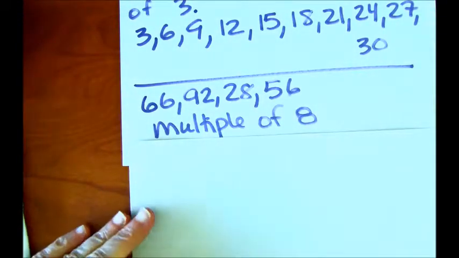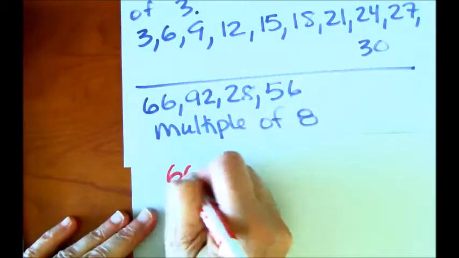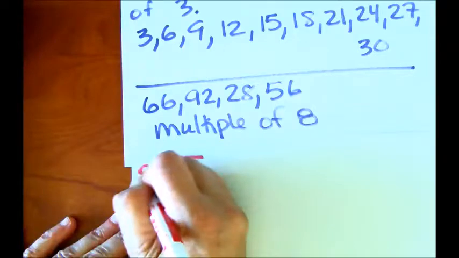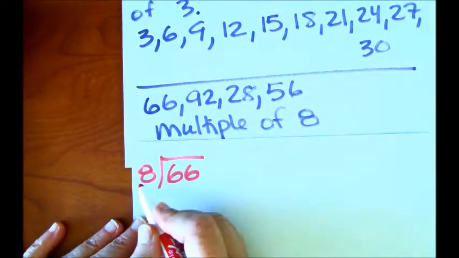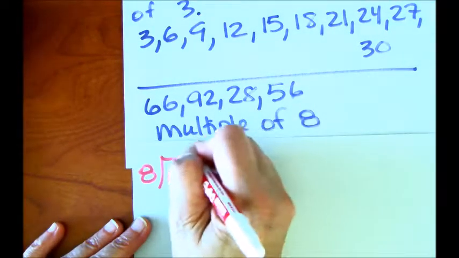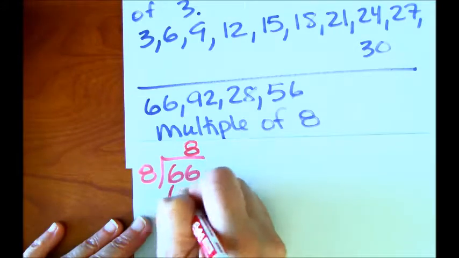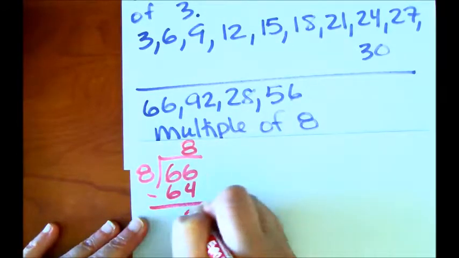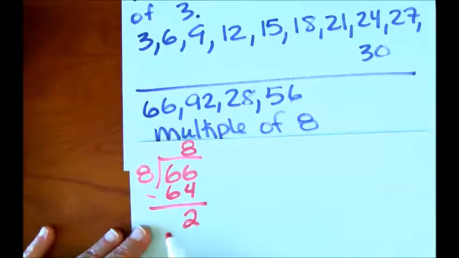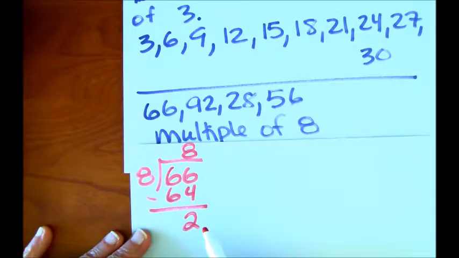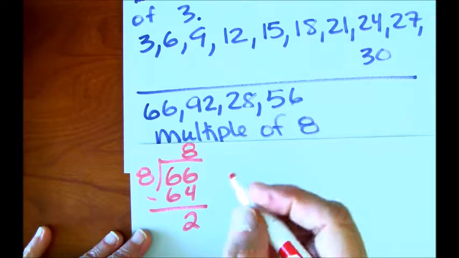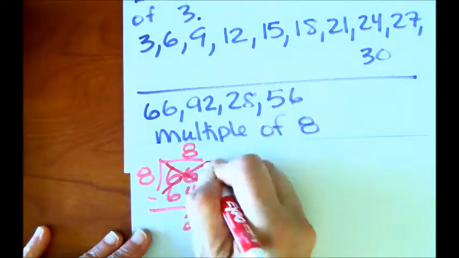So if I look at the first number, 66, and divide that by 8, well, I know 8 goes into 64 8 times. And I've got 2 left over. If you get a leftover or a remainder, then it's not going to work, okay? So 66 is not an option.